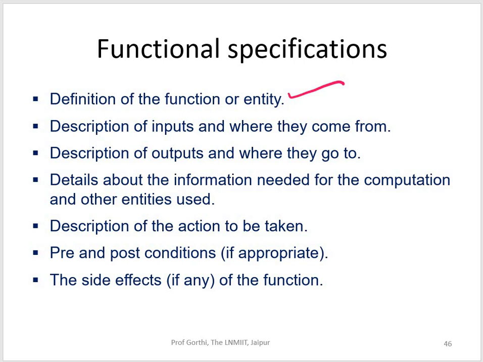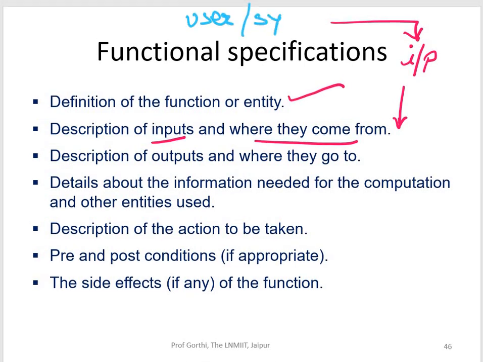Definition of the function or entity, right? The purpose of each and every entity. Description of inputs and where they come from, right? What kind of input I'm expecting for a particular set of operations, and where this particular input is coming from, whether it is coming from a user or from a system.